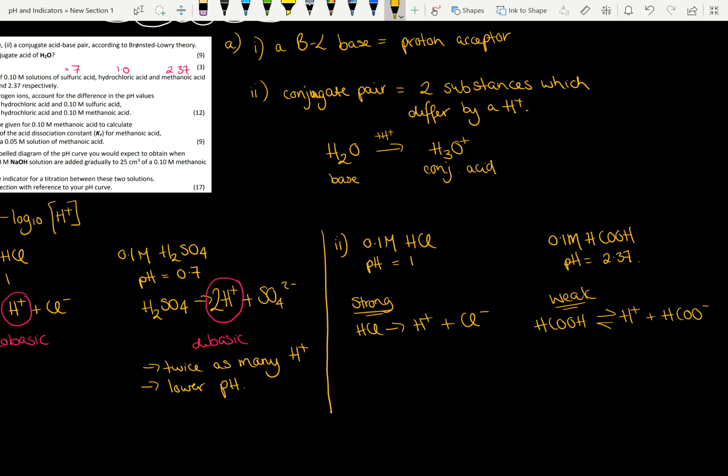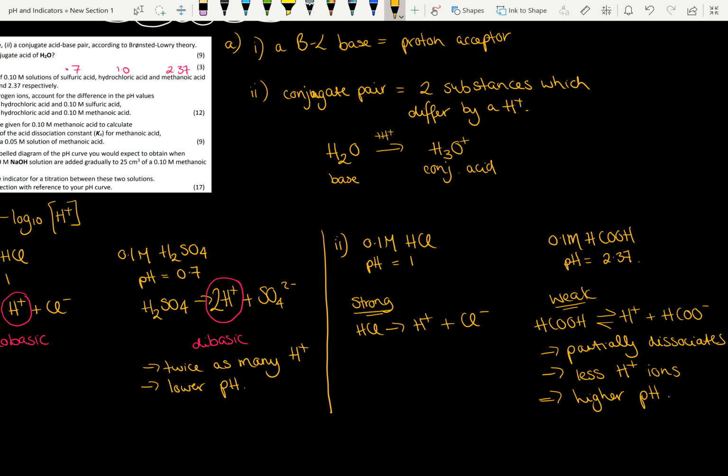So because this methanoic acid only partially dissociates, even though they start off with the same concentration, the methanoic acid is going to produce fewer hydrogen ions, which means it's going to have a higher pH.